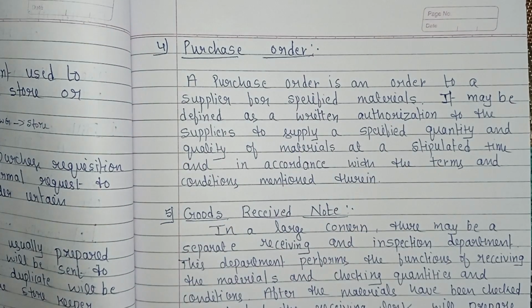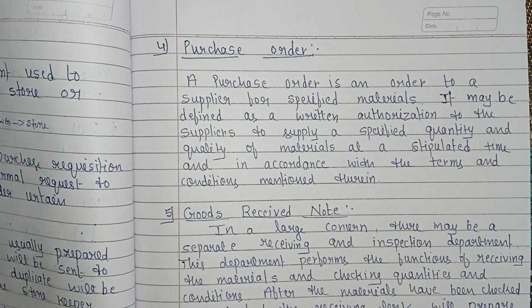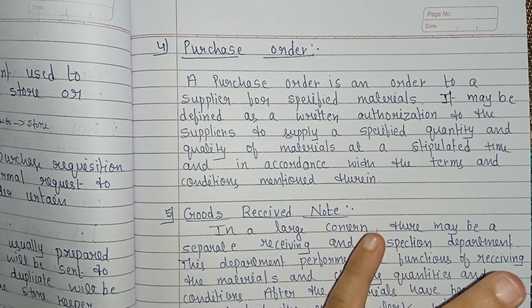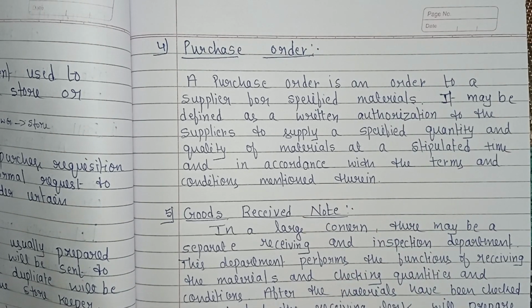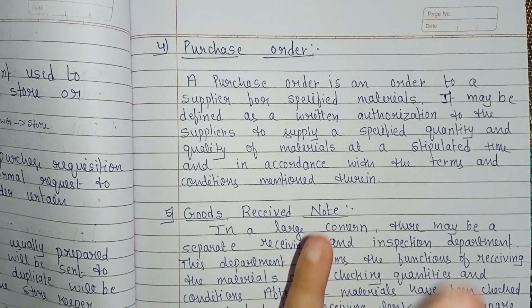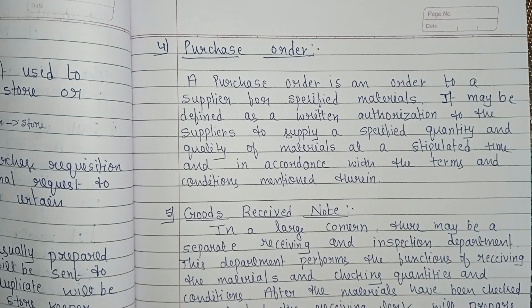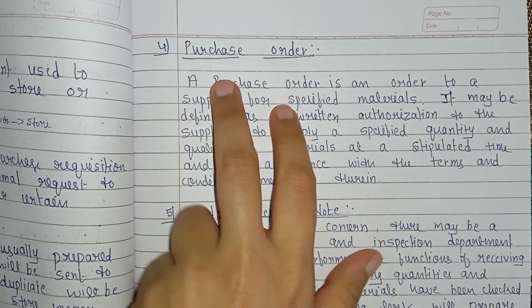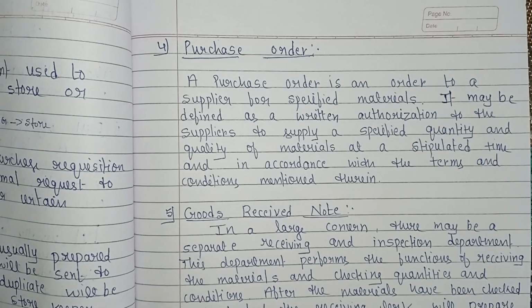This is the purchase order. Specified materials means exact items or services that are clearly described and listed in a purchase order. Clear? This is about the purchase order.